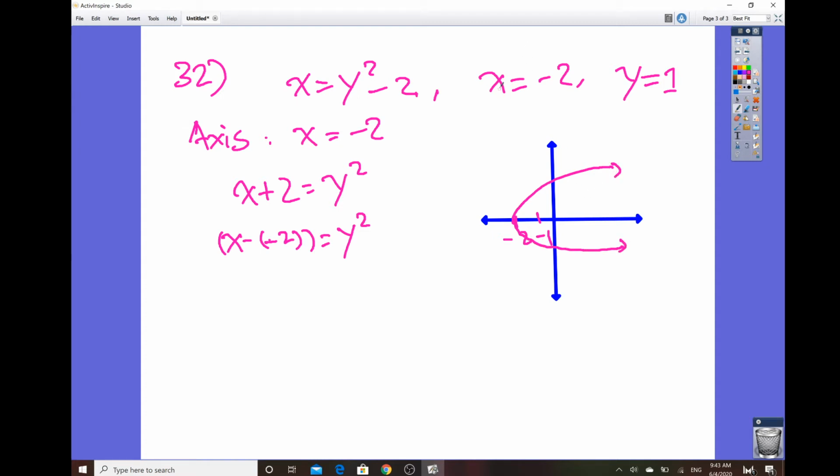Another thing that we know is that x equals negative 2, so that means the line right here. And then it's bounded by y equals 1. So it's bounded by the curve, bounded by the line, and then bounded by this horizontal straight line here.